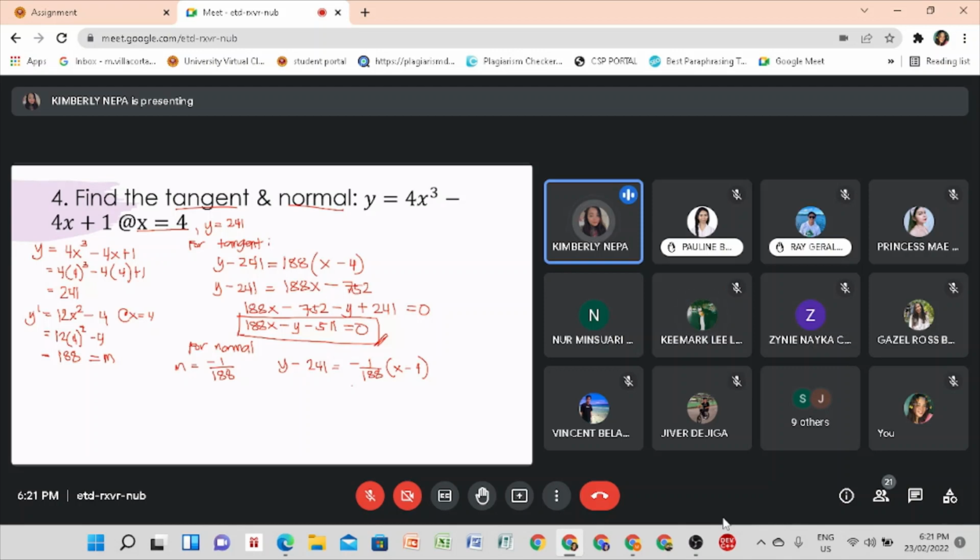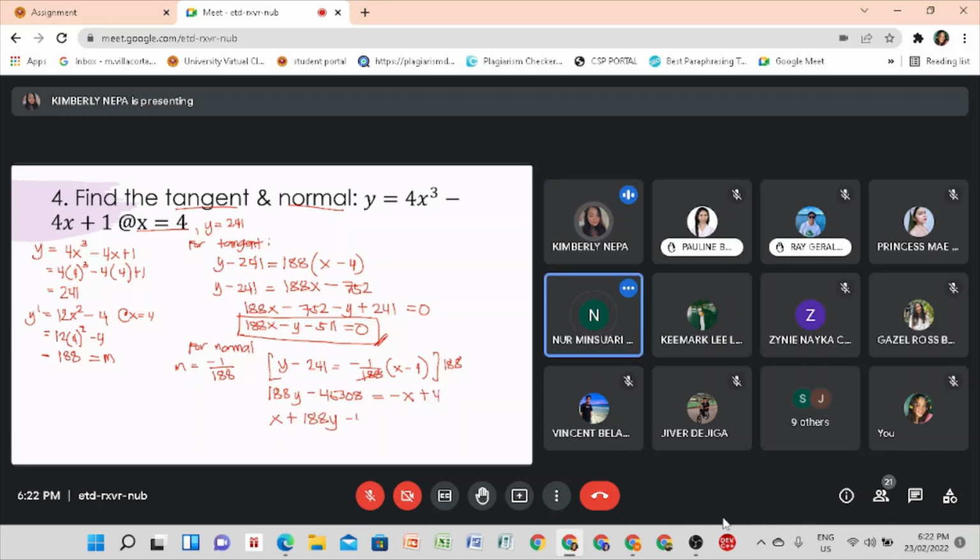Okay. And then this one, we'll take the negative, right? Yes. So negative 1 times x, that's negative x. Negative 1 times negative 4 is positive 4. So since x is negative here, we move it to the other side, so we have x plus 188y minus 45,308 minus 4 is equal to 0, correct?